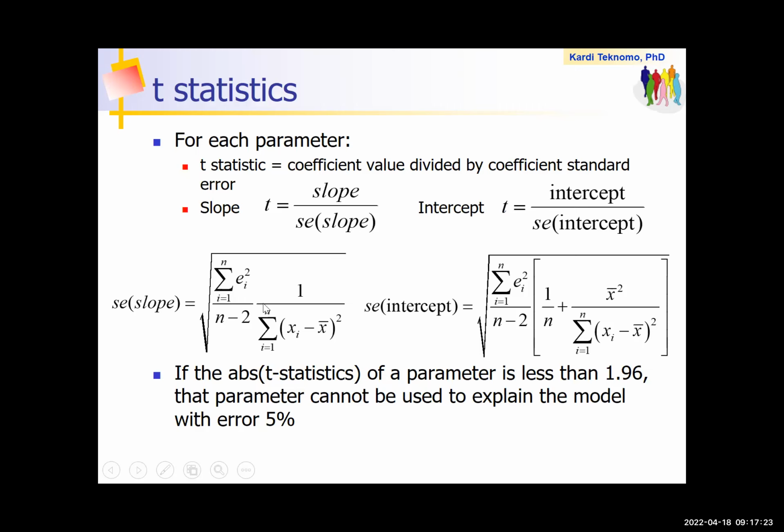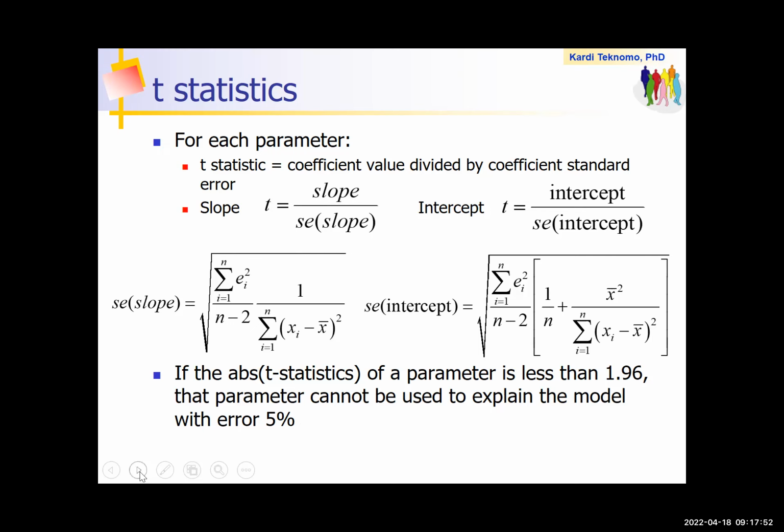This is just a formula. Suppose you want to create your own software, then you can use this formula. That rarely happens. The absolute value of the t statistic of a parameter must be larger than 1.96. If less than 1.96, that means the error cannot be explained within 5%.